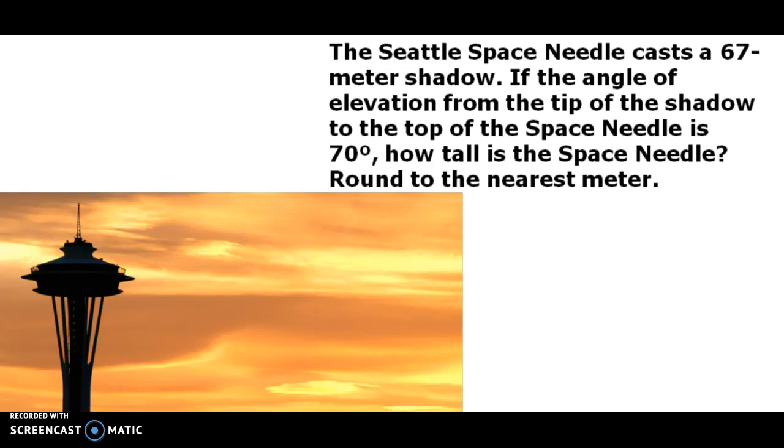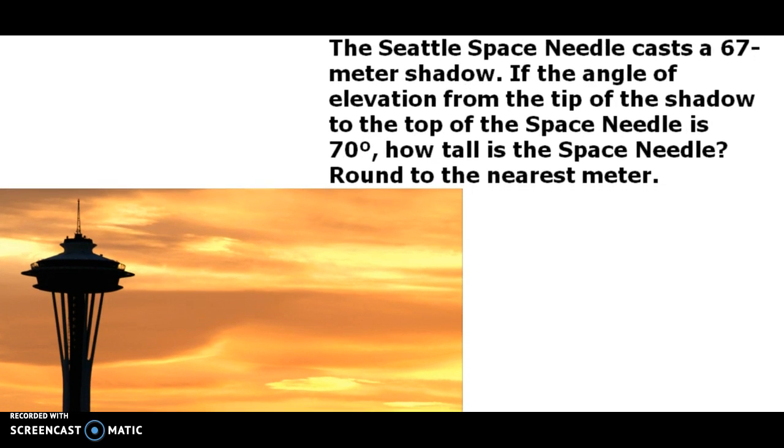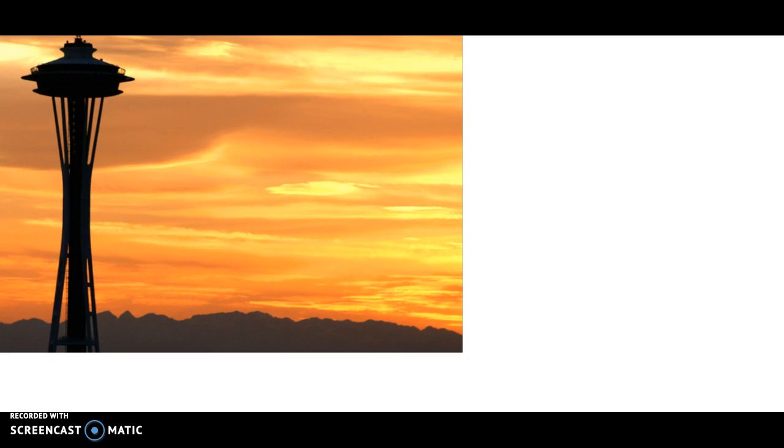But the Seattle Space Needle, it casts a shadow, and it's 67 meters. So go ahead and draw a Space Needle, or if you're not an amazing artist, just draw a vertical line. And this Space Needle has a shadow, so kind of down here.